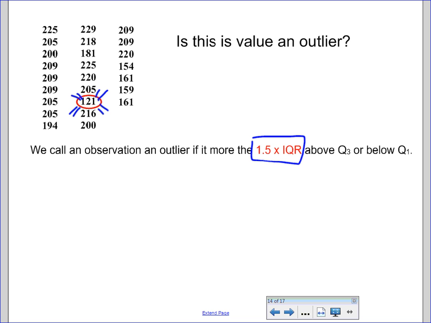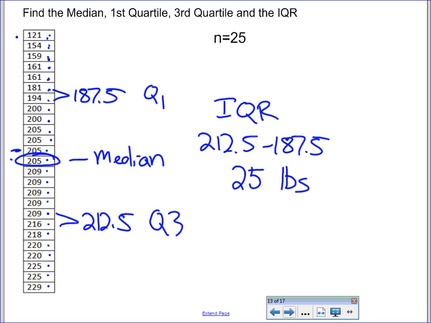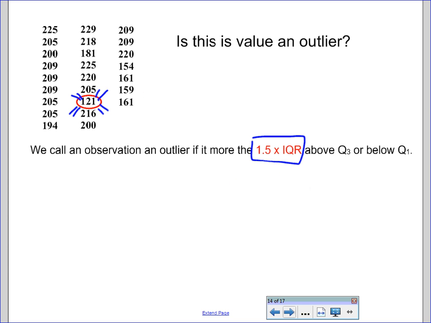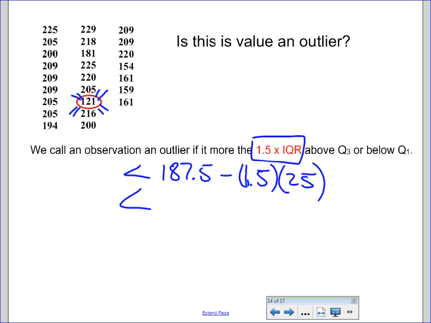So what we would do is look at quartile 1, which we said was 187.5. Any value that is less than 187.5 minus 1.5 times the IQR is going to be considered an outlier, so any point below 150 pounds is an outlier.